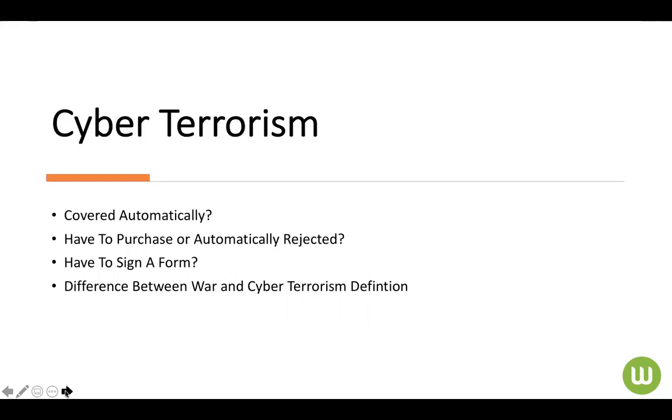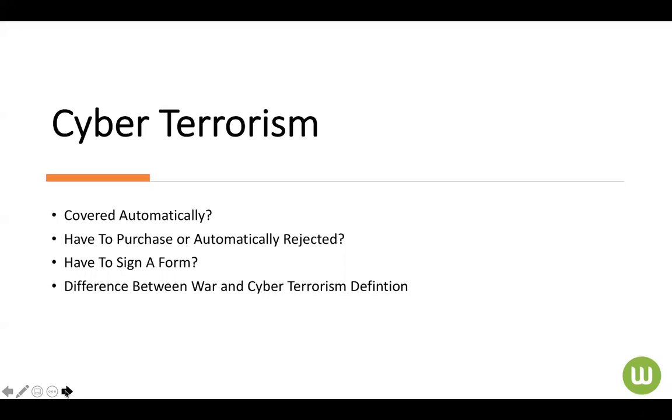The next thing that you should look at is cyber terrorism. All of us are aware of cyber terrorism; it's on the news every day with China, domestic terrorism, foreign terrorism. Do you have coverage automatically, or do you have to purchase it, or is it rejected automatically if you don't buy it?